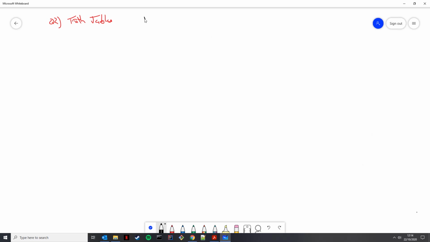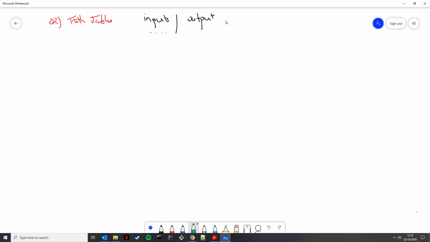So you have your inputs on the left hand side, whatever number of inputs, then you have your output on the right hand side. And it's simply if. So you do all the available input combinations on the left, and then you have your output, which is based off the operator you're trying to do.